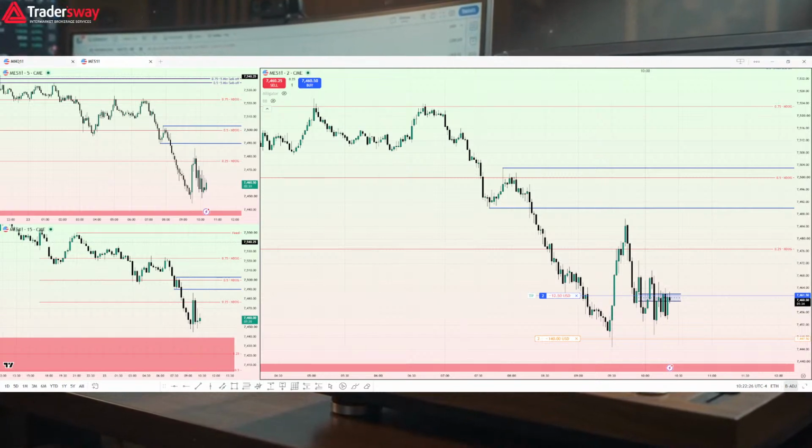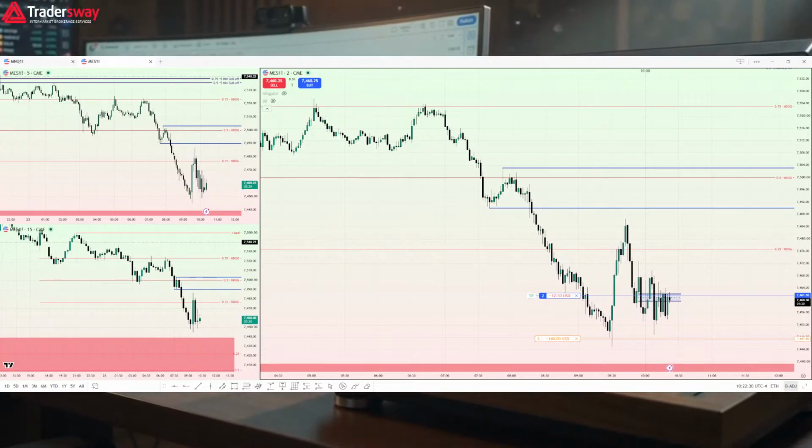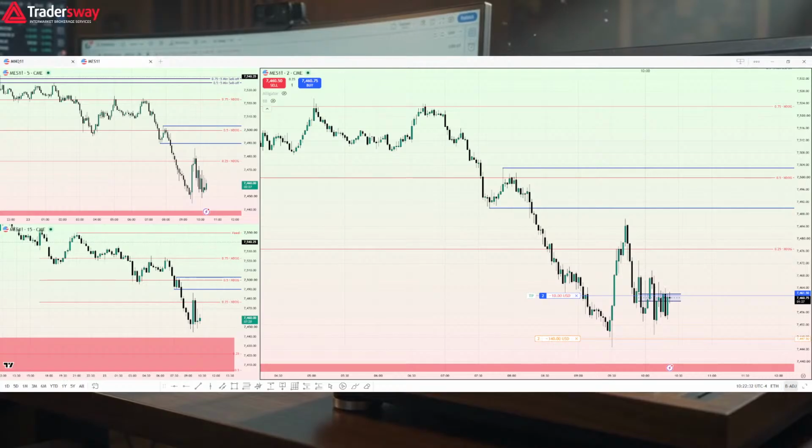Let's look at NQ. The volume on NQ is slightly better.